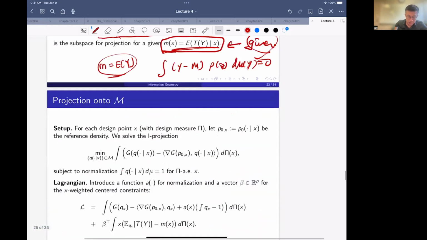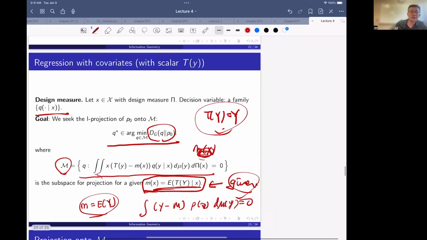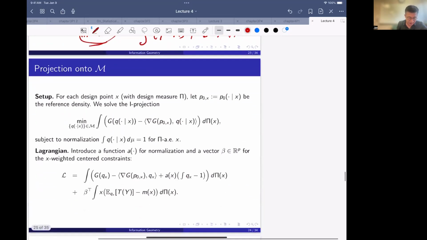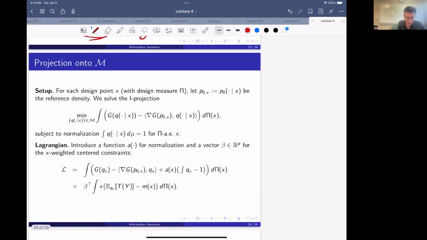So those can be done, like, you can calculate first moment, second moment. You can have a higher moment. Okay. So then we want to basically do the same thing. Develop the I-projection. So this is essentially Bregman divergence, right? Q and P0.